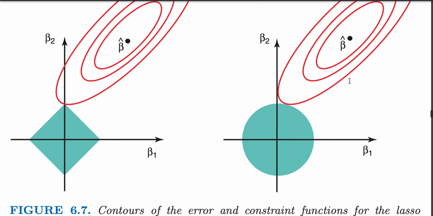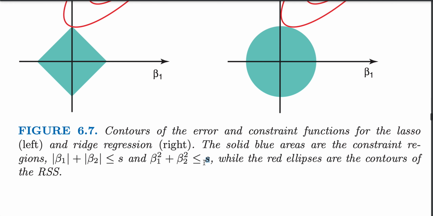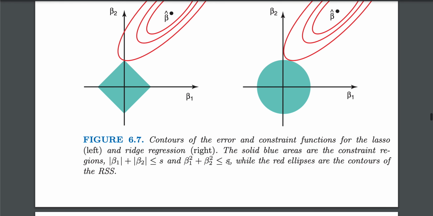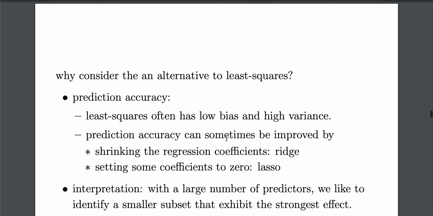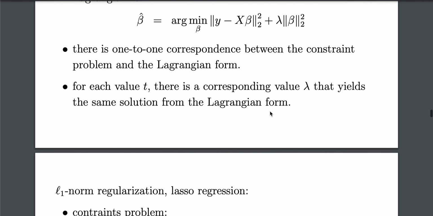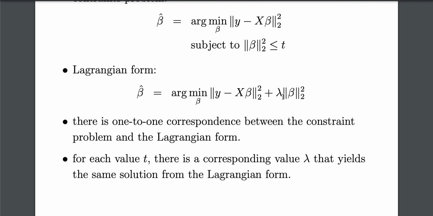But because we have a constraint, saying that beta 1 square plus beta 2 square should be less than or equal to S, where S here is t square. This S is our t.